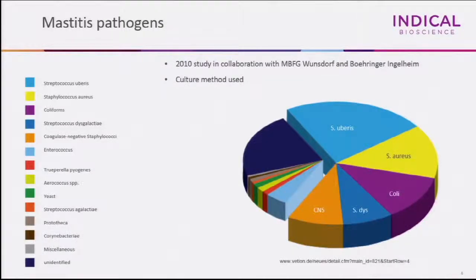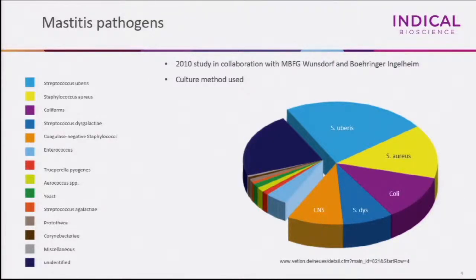And this is confirmed by a study from Germany a couple of years back in a big veterinary mastitis testing laboratory, where you can see the distribution with Strep uberis, Staph aureus, E. coli, Strep dysgalactiae, and coagulase-negative staphylococci being the major findings here, and all the other ones with fewer cases.